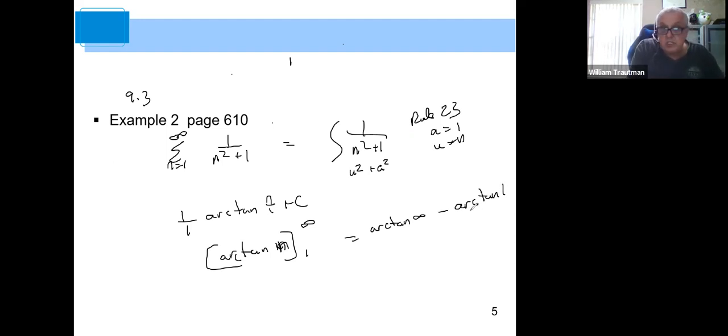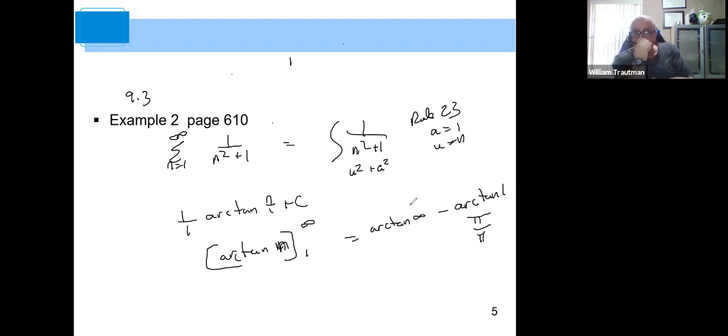If you look at this, arctangent of 1 is pi over 4. You look at your unit circle and find the tangent that equals 1, square root of 2 over 2 divided by square root of 2 over 2. And arctangent of infinity, you almost have to look at the graph.